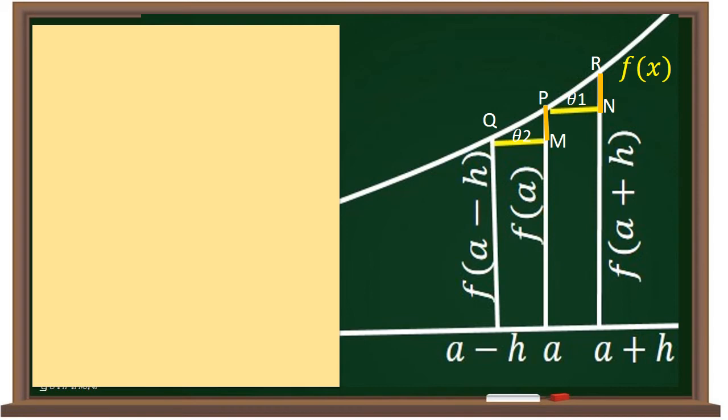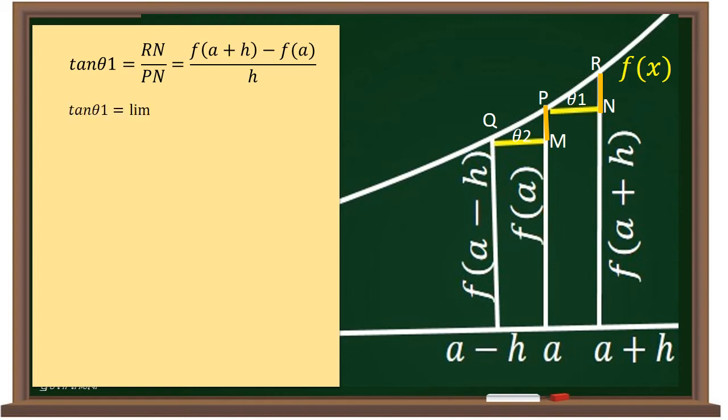Now tan theta 1 is equal to RN by PN, which is f(a plus h) minus f(a) by h. Now when h is very small, I can put the limit. So tan theta is equal to limit h tends to 0 of f(a plus h) minus f(a) by h. So this is your right hand derivative.